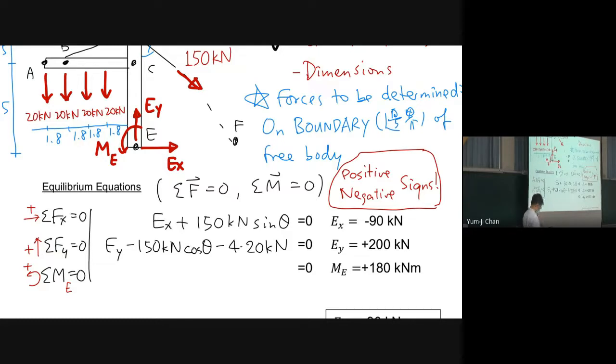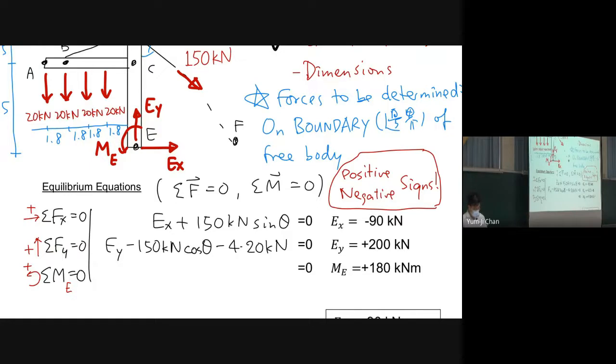Therefore, we have, so we now come to counting the forces. Because EX and EY, these 2 forces go through point E, the moments are equal to 0. So these two will not have moments. And so we need to count the rest.